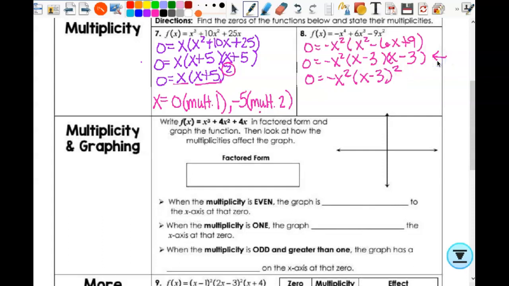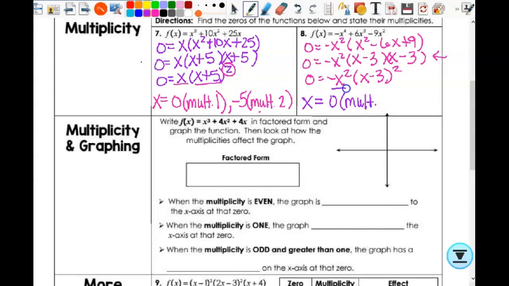If you like tricks and shortcuts, those are all great if you remember them and you can use them right. If you don't, it's not the end of the world because it's not difficult to factor. As long as you know after this, you write it like that, you're fine. So then my zeros, so x equals, this first one gives me 0. What's the multiplicity?